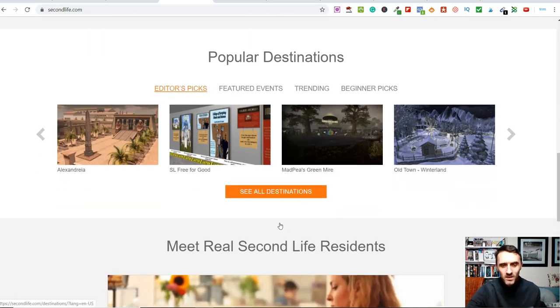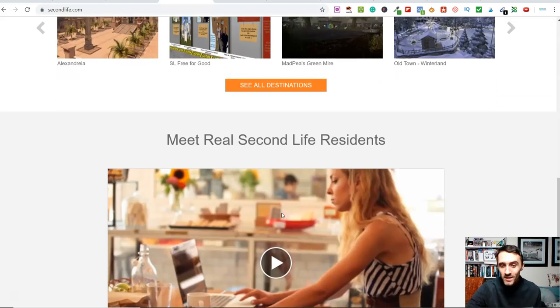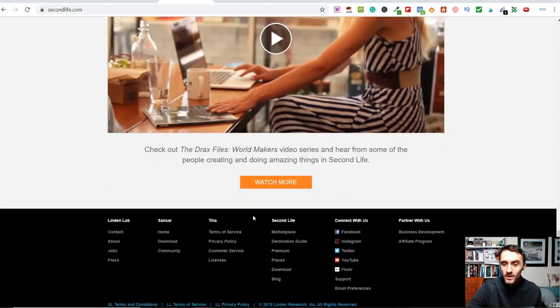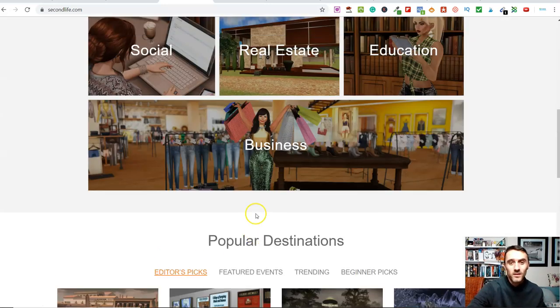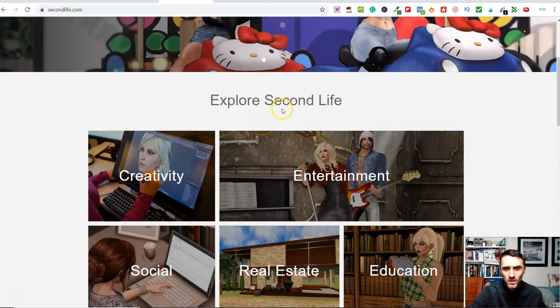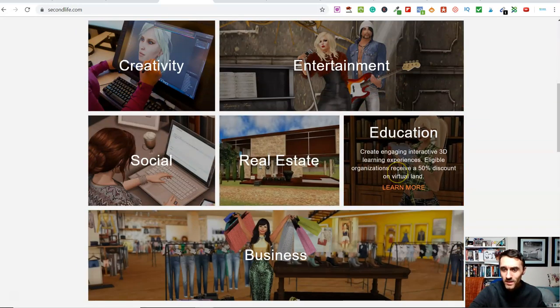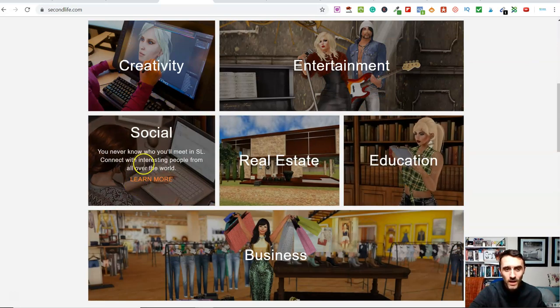But from doing a bit of research, what it was saying is that people fed up with their lives want to create an online world where they're popular, or they've got hair, or all these different things. They can come on here, create an account and live a second life online, basically. I mean, look at this, Explore Second Life Entertainment. It's literally a second life that you can have online.